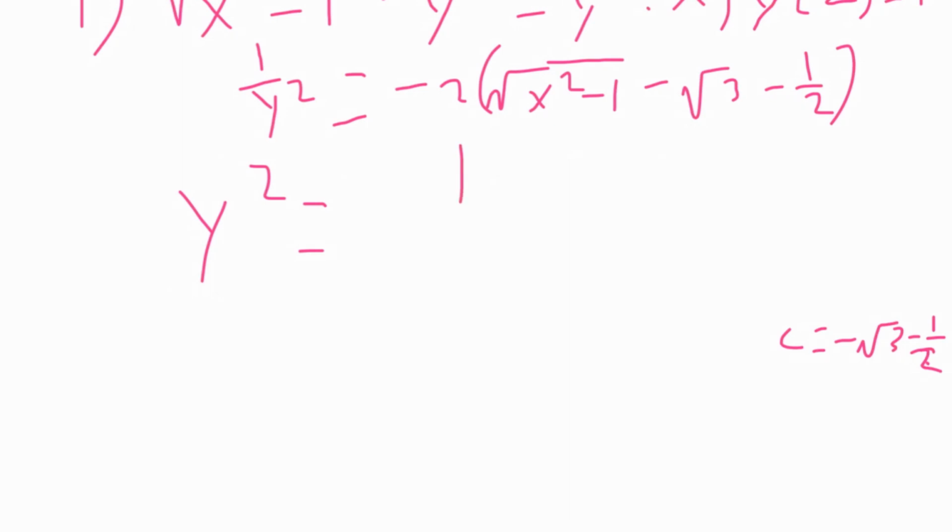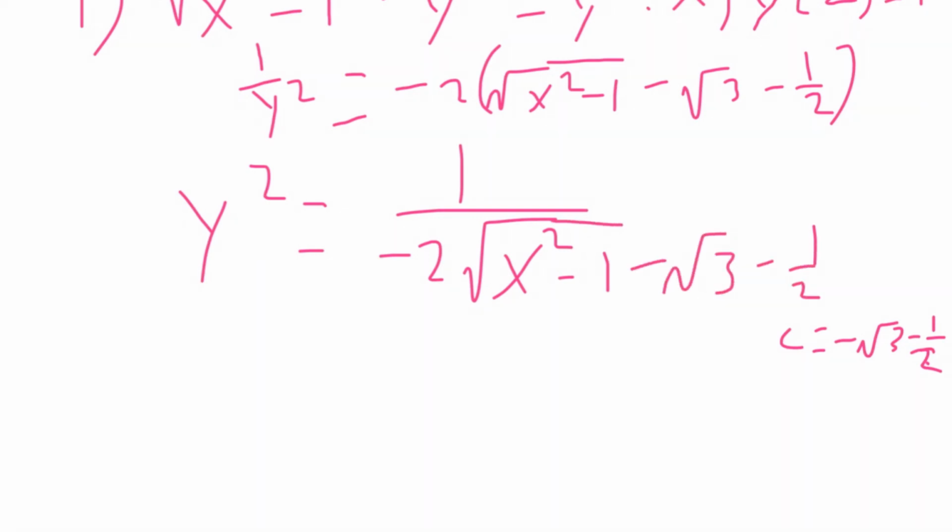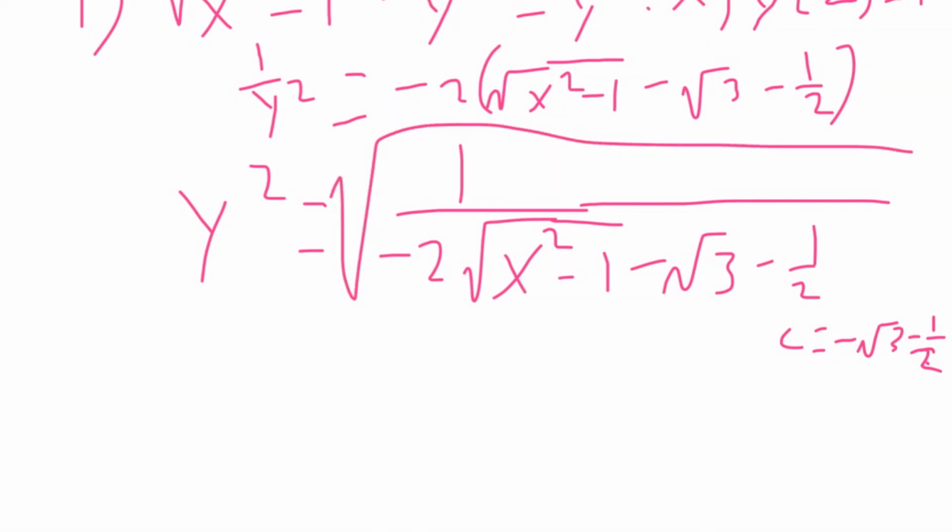So y squared is equal to 1 over minus 2 root x squared minus 1 minus root 3 minus a half. And we're going to take the square root, and that will give us two solutions because of the plus or minus. And once again, we only could use one solution. Only one of them is going to work.